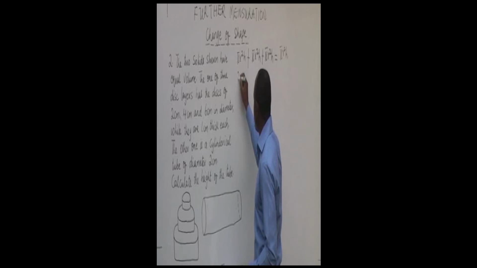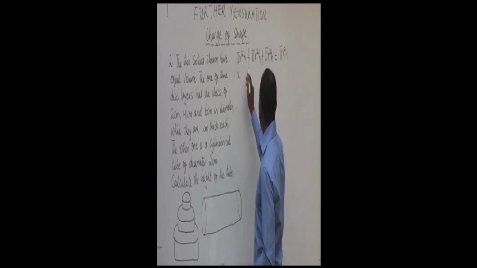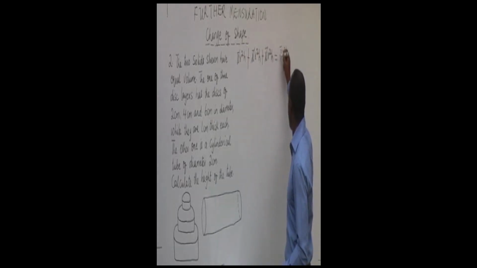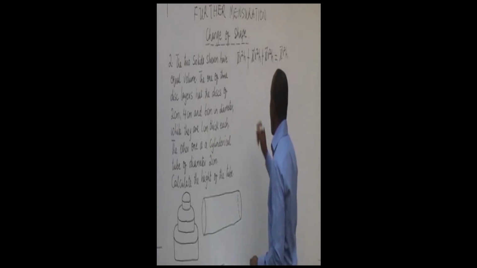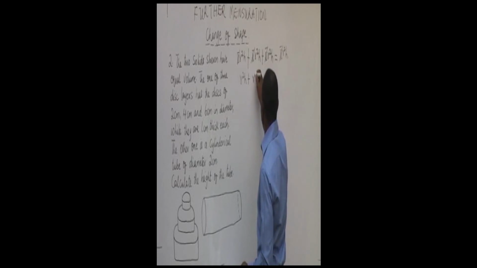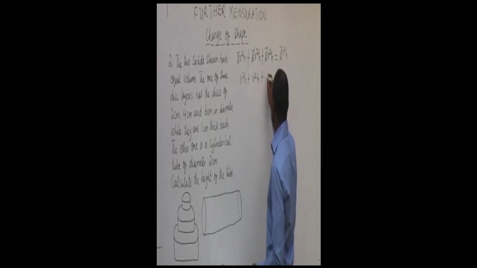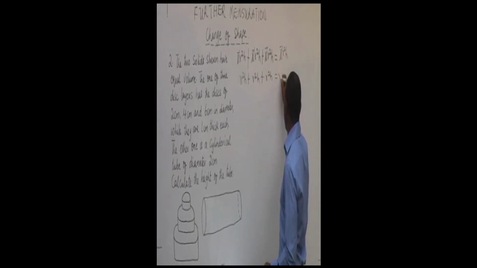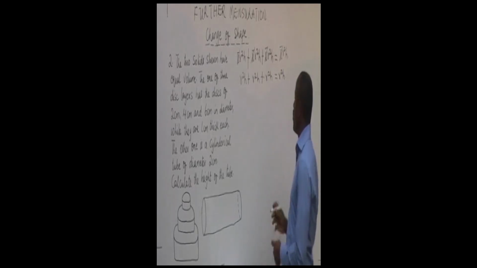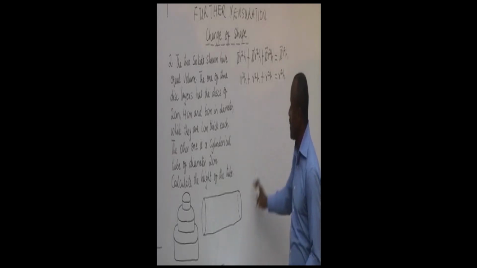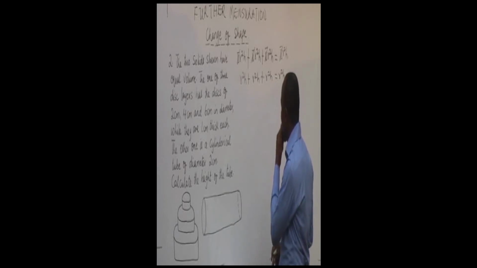To make it shorter, we can cancel the pi's because they are common in all of them. So we now have r squared h plus r squared h plus r squared h is equal to r squared h. You will still get the same answer for the h of the cylinder, the height of the cylinder.